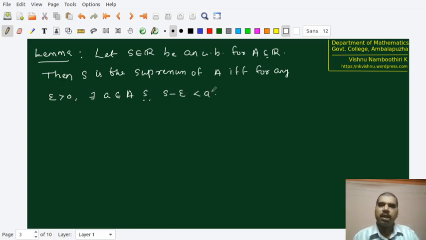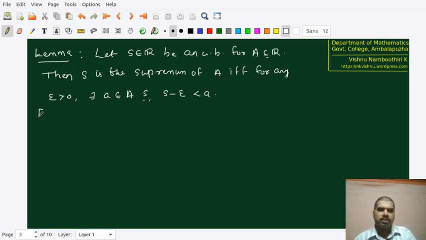So what we are claiming here is that an upper bound S of A is the supremum if and only if for any choice of positive epsilon, we can find an a in A such that S minus epsilon is less than a.